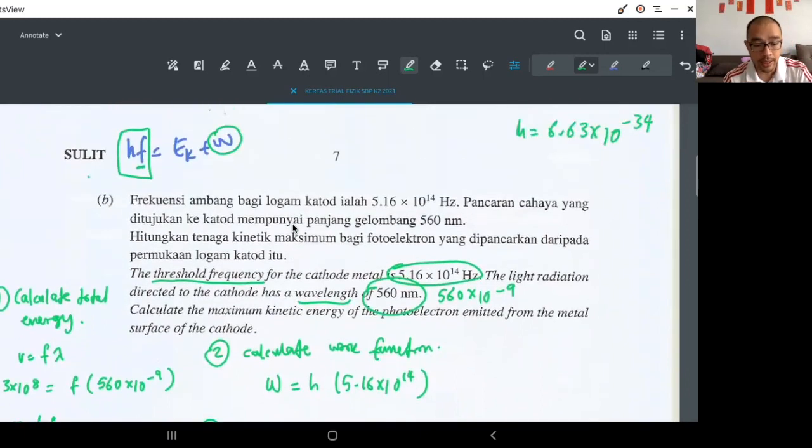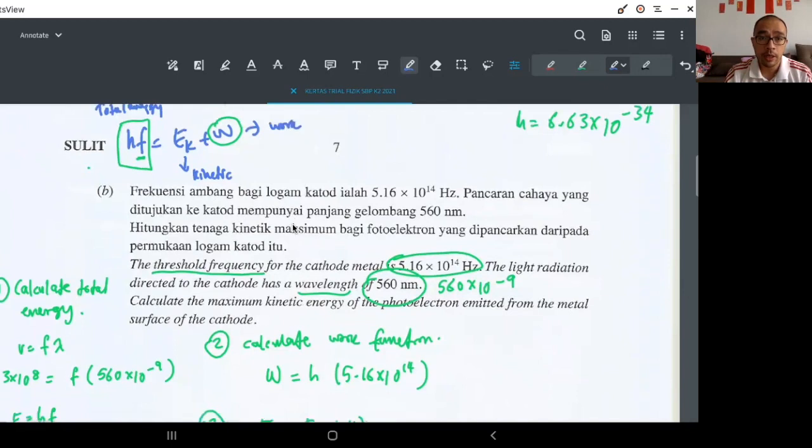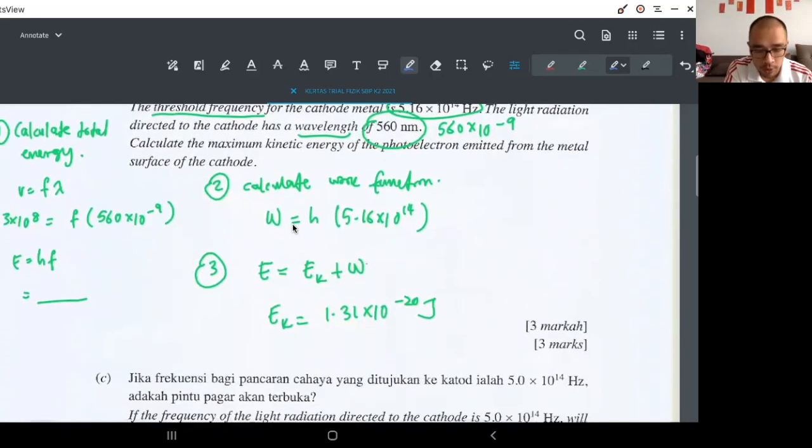This is total energy, this is kinetic energy, and this is the work function. Please make sure you differentiate between these three. If you have any problems calculating this, like you don't know how to get this 1.31, you can always ask me after this.